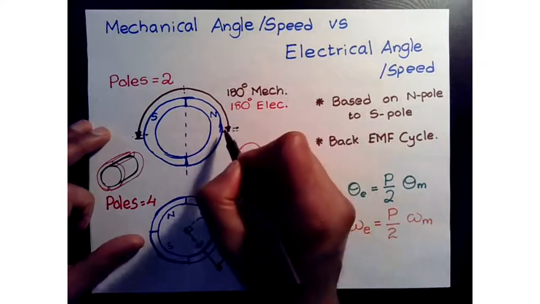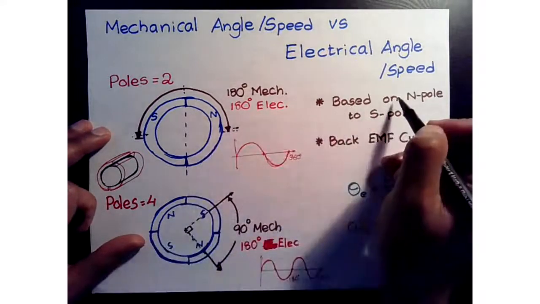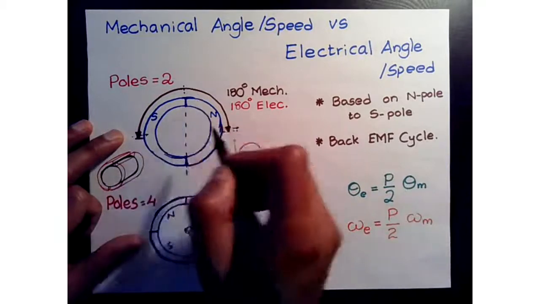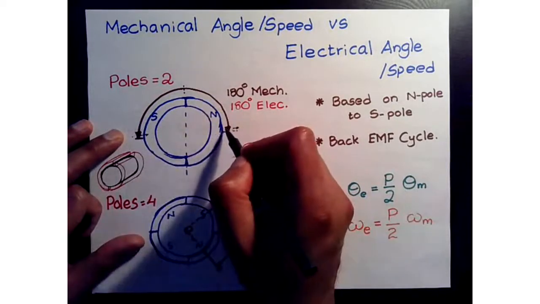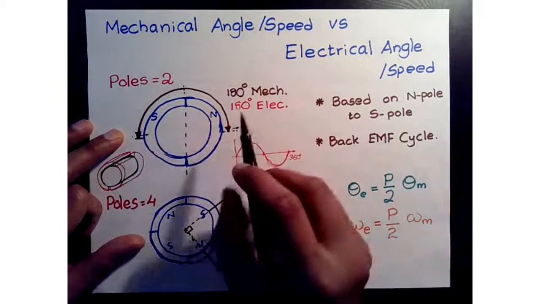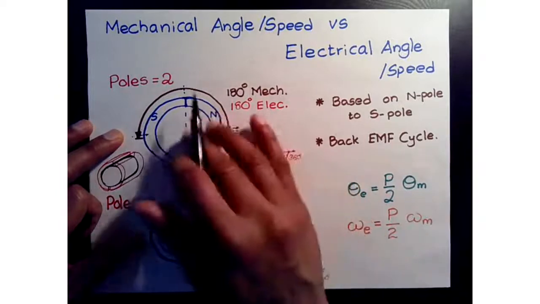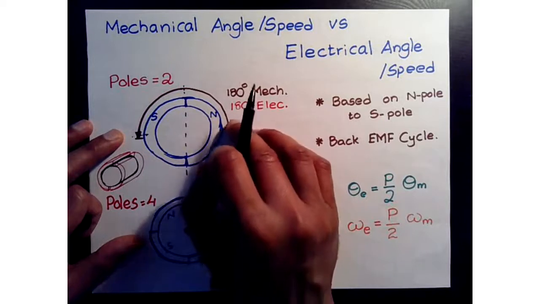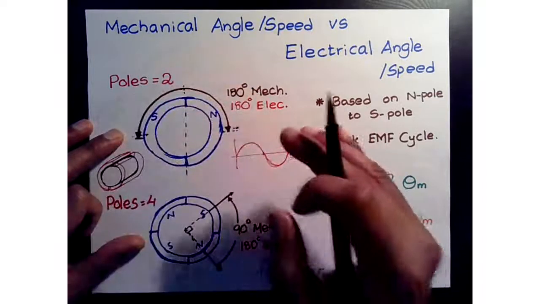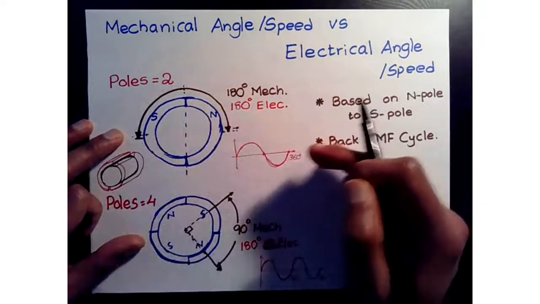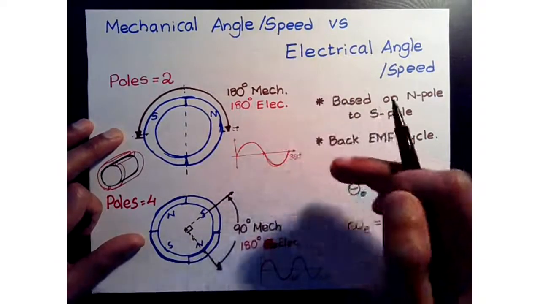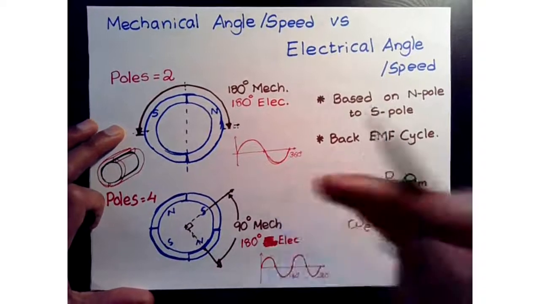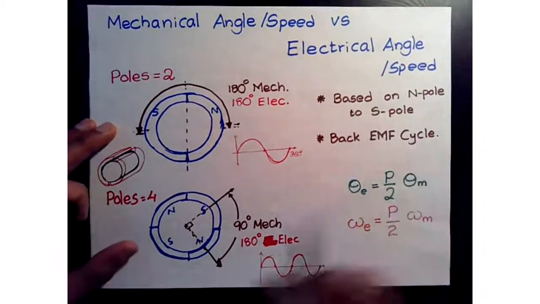The key point here is we look at the angle from a north pole to a near south pole, and we measure the angle. Always that is 180 degrees electrical, regardless of the type of construction. But how many mechanical degrees it spans will change based on how many poles the machine has on the rotor or the stator, depending on the architecture.